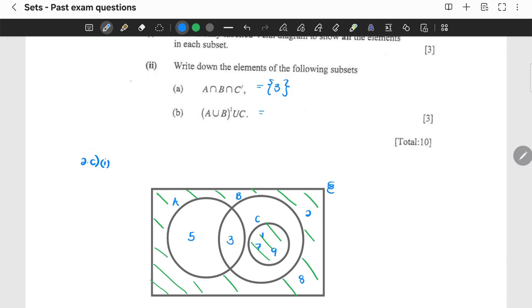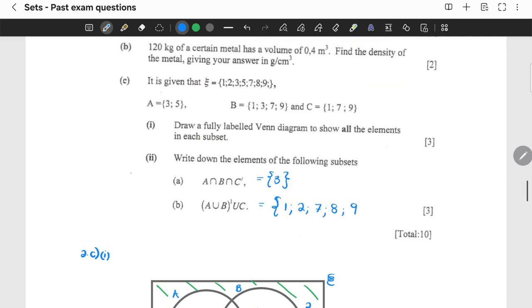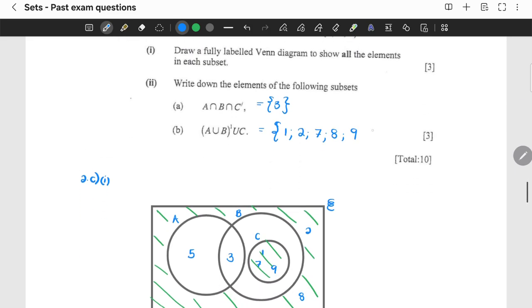Such that it then becomes 1, 2, 7, 8, and 9. And that's the answer.